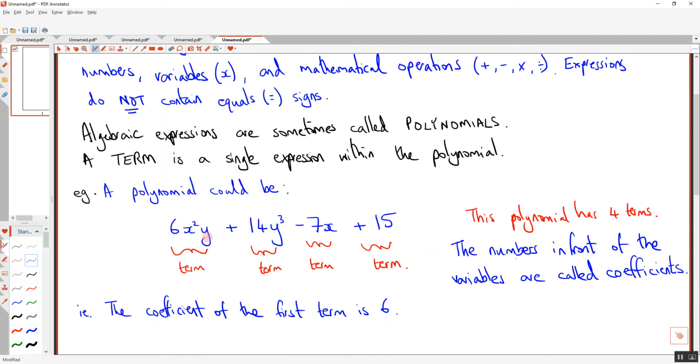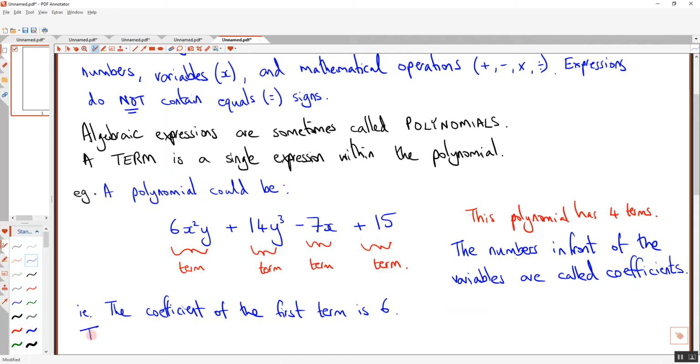Okay, so this is my first term, second term, third term, fourth term. The number in front of the variables is just 6, so that's the coefficient. Nothing too tricky so far? What's the coefficient of the third term, Magnus? So the coefficient, remember, is just the number in front of the variable. So here's the variable. What number is in front of it? Okay, and it's not just 7, it's -7. Okay, good. What's the coefficient in front of the second term? 14, right, good.